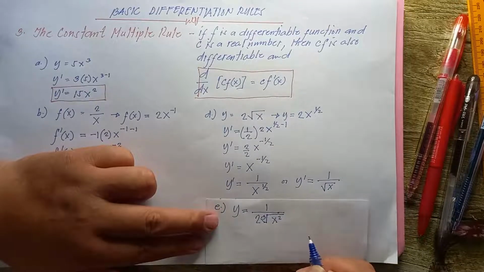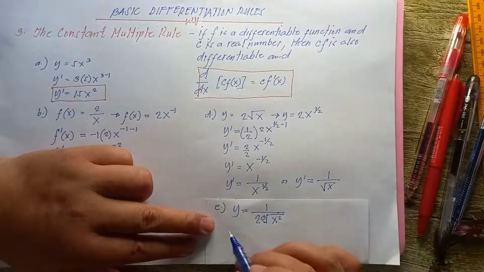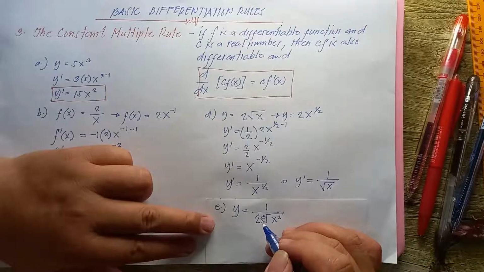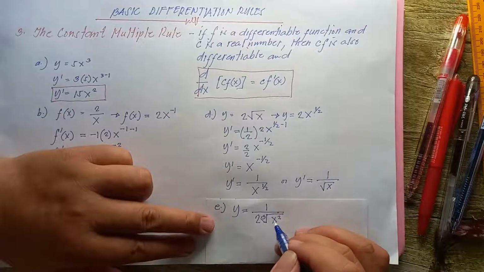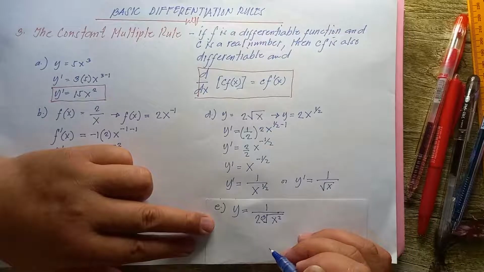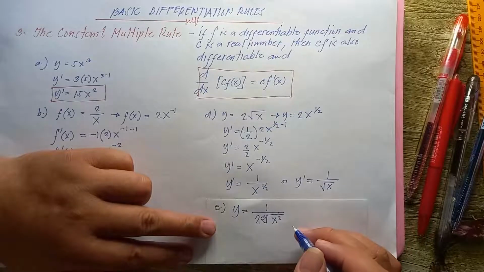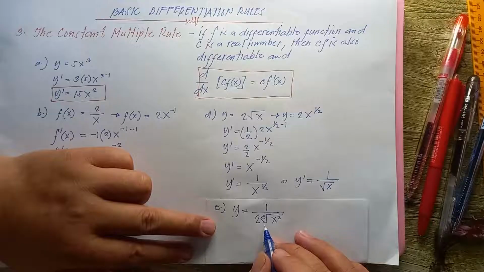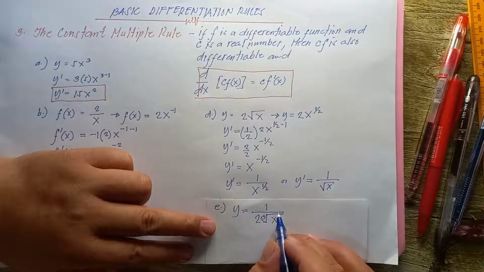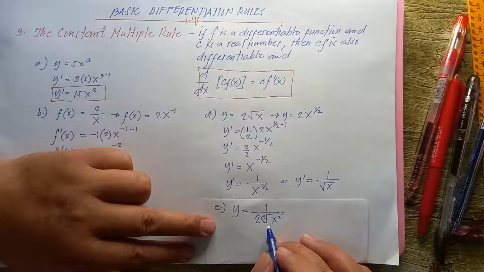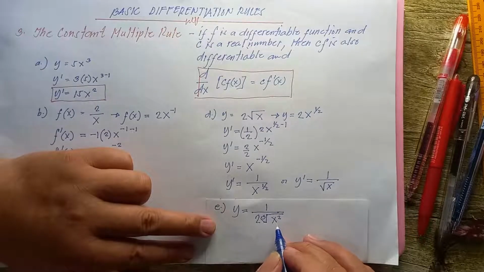So our next problem is y is equal to 1 over 2 the cube root of x raised to 2. To do that one, we will convert again this radical number into an exponential number, and after that, raise it to the numerator. This variable x will be raised to the numerator.